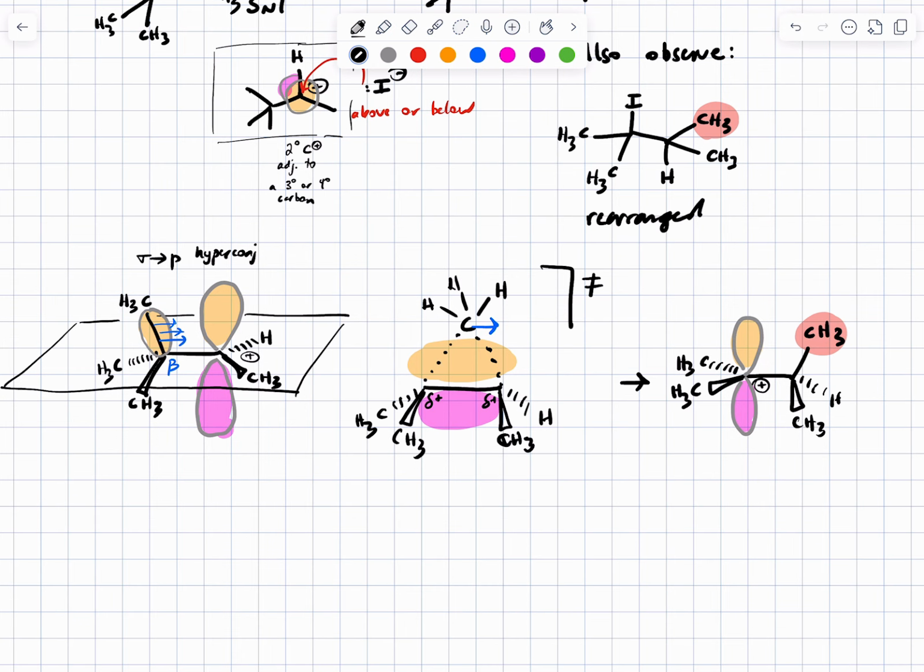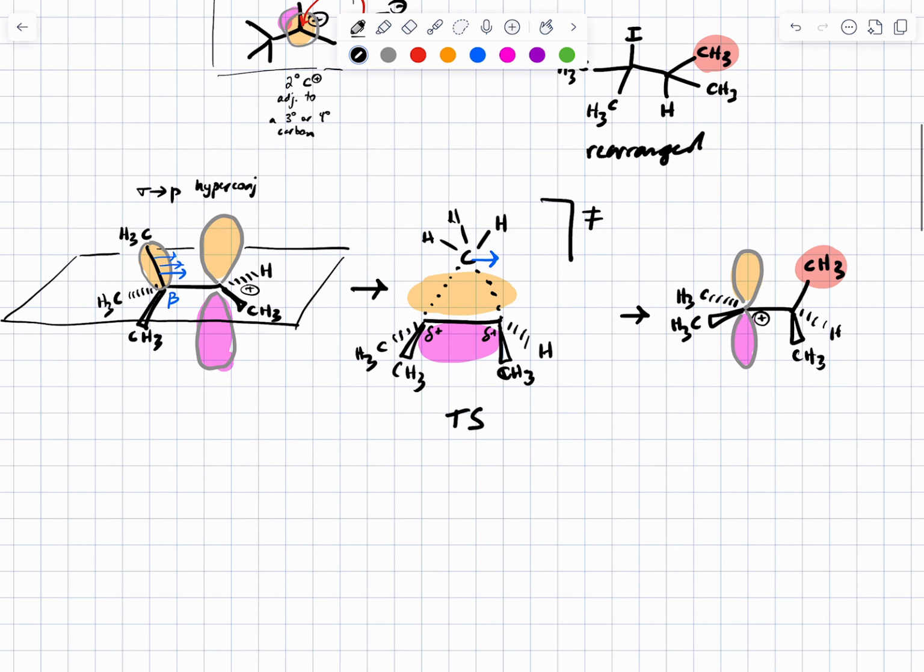This is the process of going from a secondary carbocation to a tertiary carbocation with movement of a methyl group. That's what we mean by carbocation rearrangement.